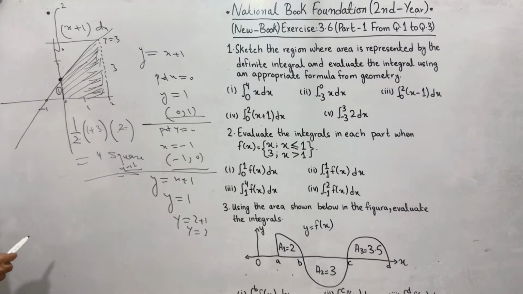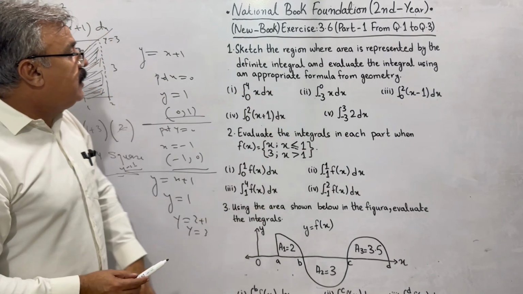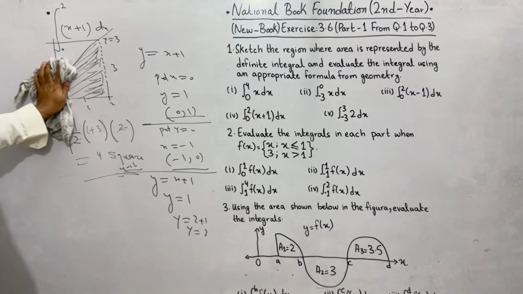Or one can verify by simply integrating. In that case, we are asked to give a geometrical formula, geometrical logic to arrive at the area result. We are also verifying by integrating. Let's see and find out.